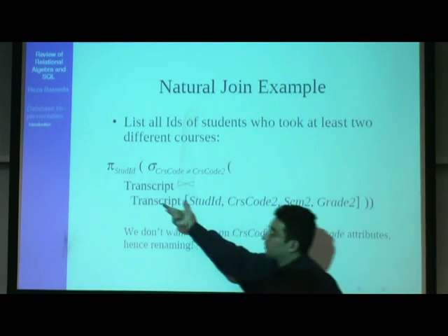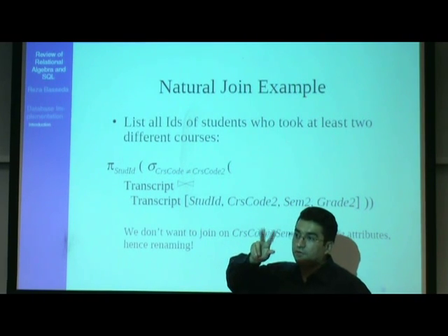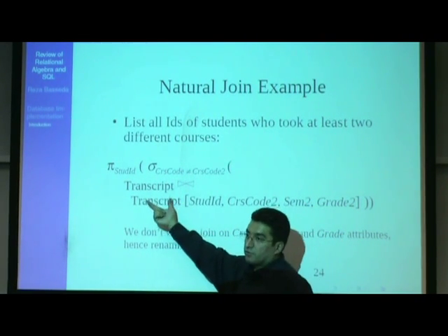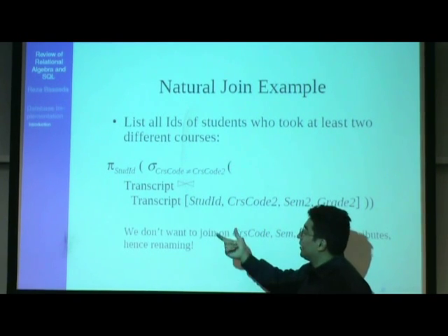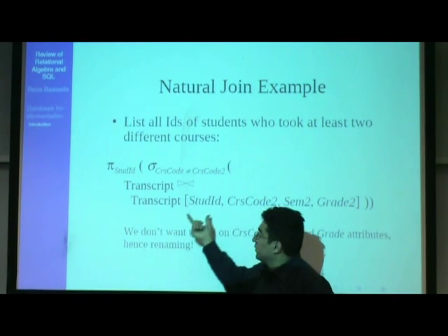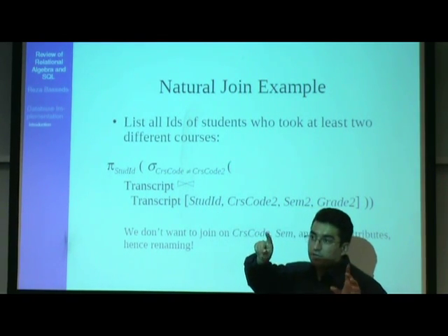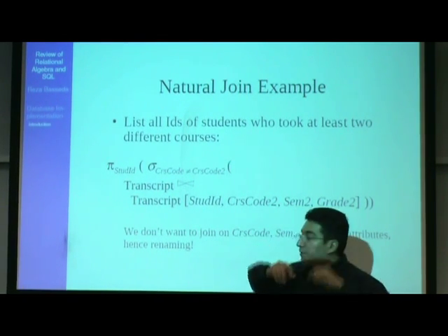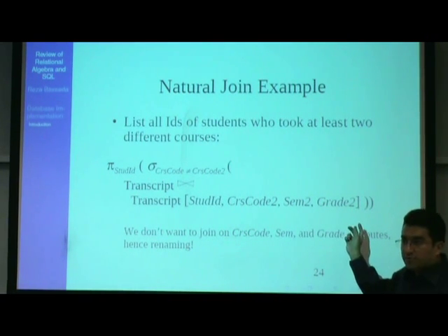We have this transcript table. In order to catch a person with two different courses, we repeat this transcript on natural join, while we rename the transcript. The name of the column, student ID, is still the same, so the result will have a table with the same number of columns.